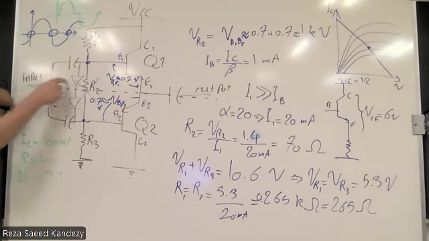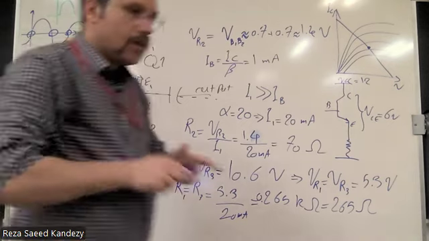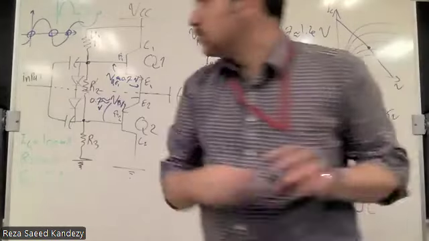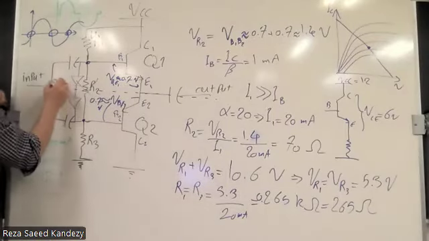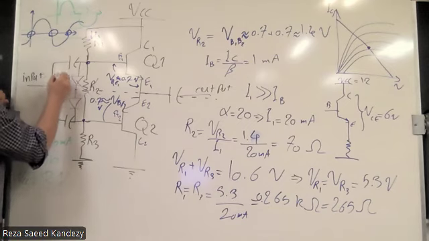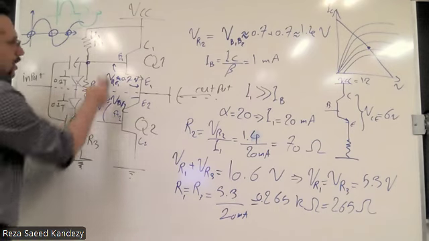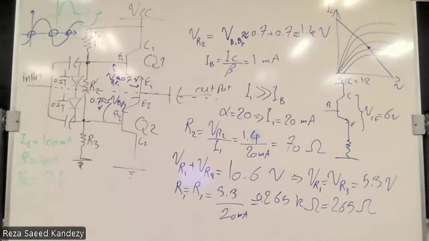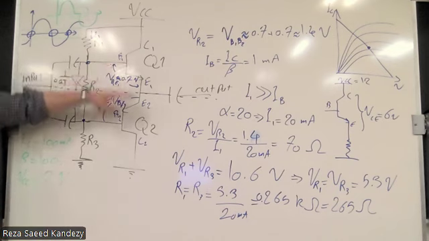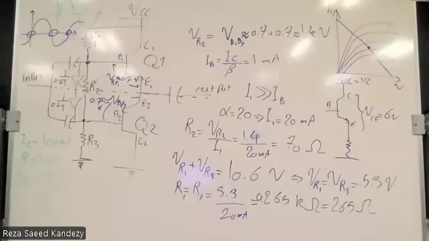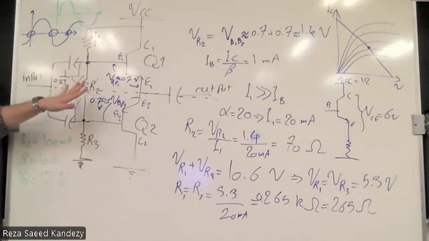So we have 0.7 constant voltage between the two bases, so we are never short of voltage on both base-emitter voltages. This is true in theory. In reality, that's not going to happen.